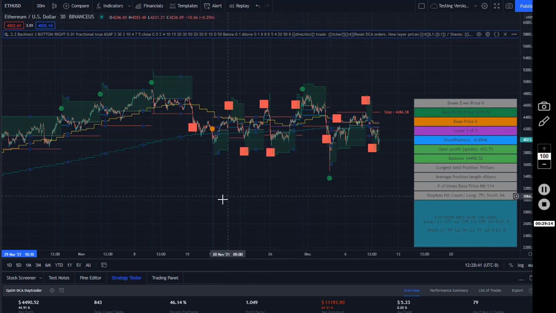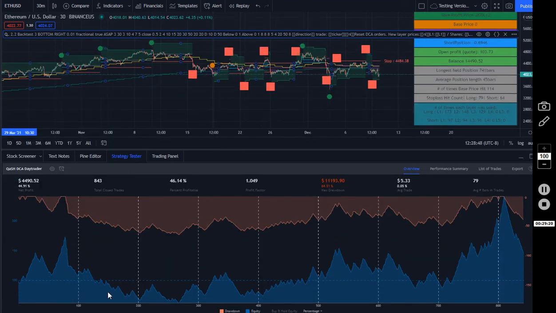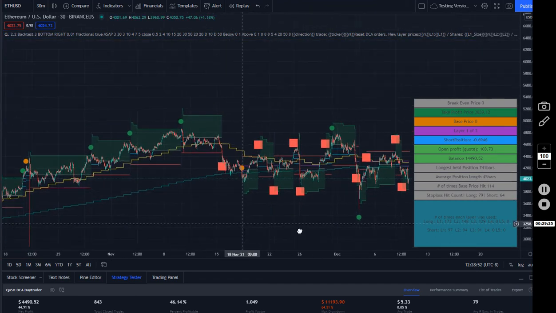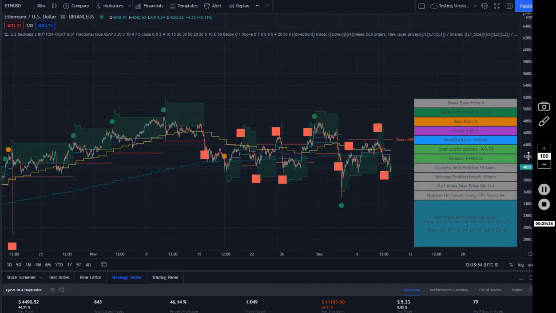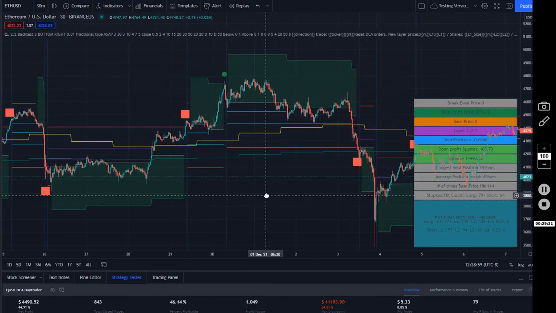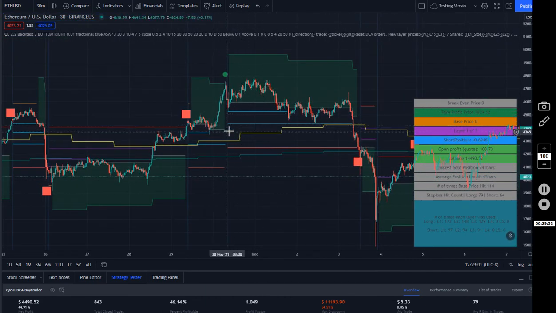Okay, now we have something a little bit better, and I don't like these settings. I don't like the P&L that I'm getting here, but the point that I'm trying to make is you can do long and short trades. And let's zoom in here to take a look. You've got these blue lines to signify you've got a long trade and your take profit is above the price action.